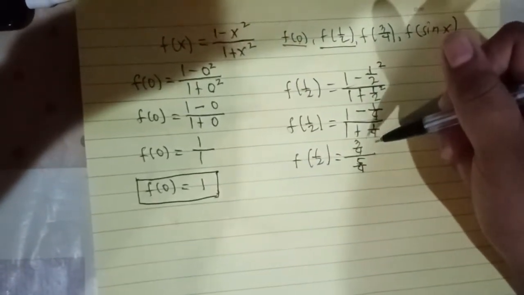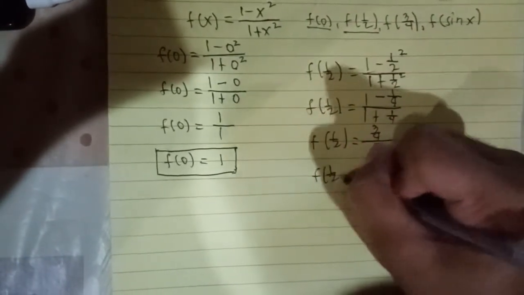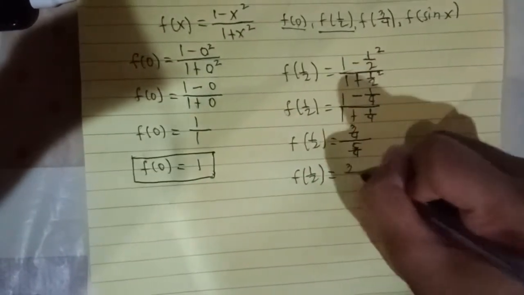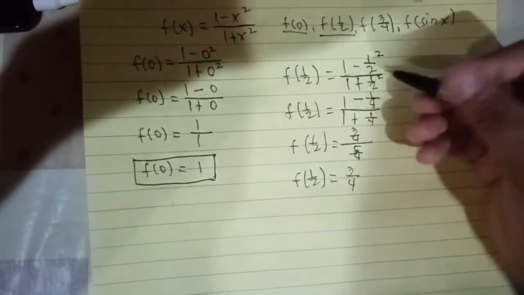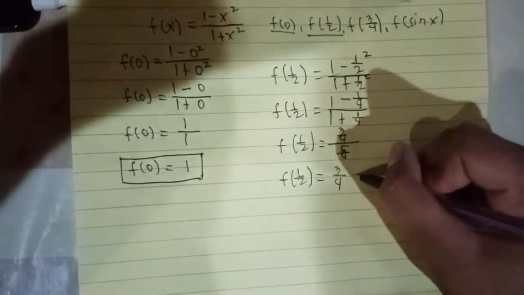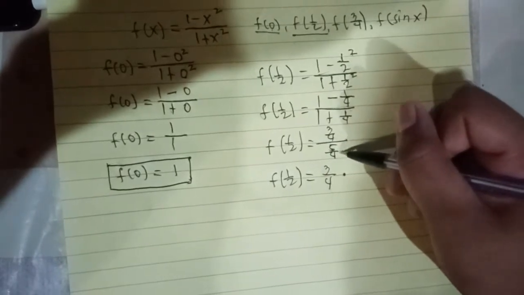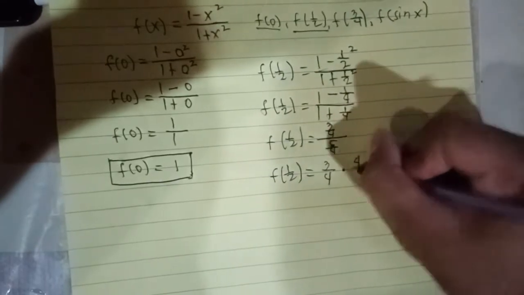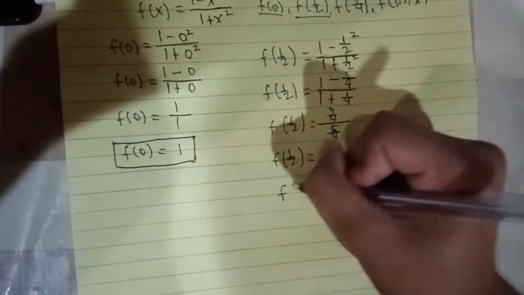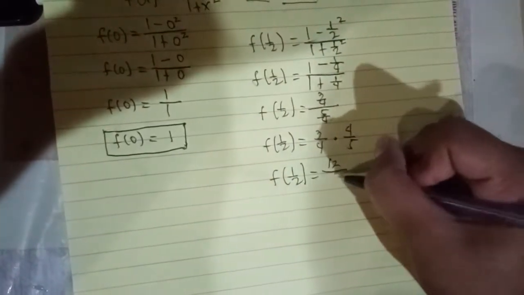So in dividing a fraction, we are going to rewrite it. So f of 1 half is equal to 3 over 4, and we are going to multiply the denominator to the numerator. Since we are going to multiply it, we are going to reciprocate the denominator. So now it will become 4 over 5. So f of 1 half is equal to 3 times 4 is 12 over 4 times 5 is 20.